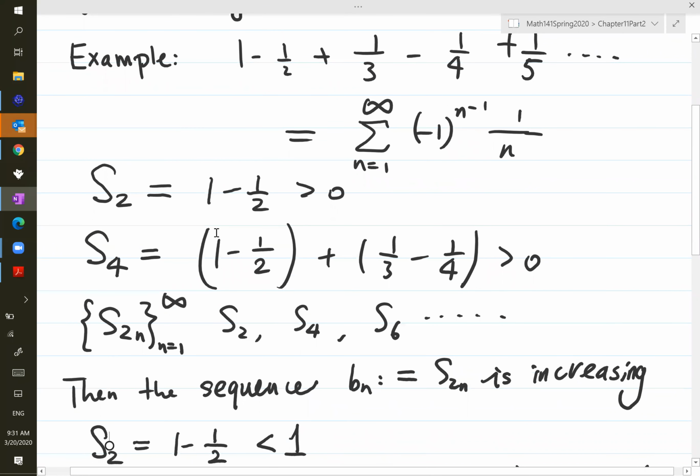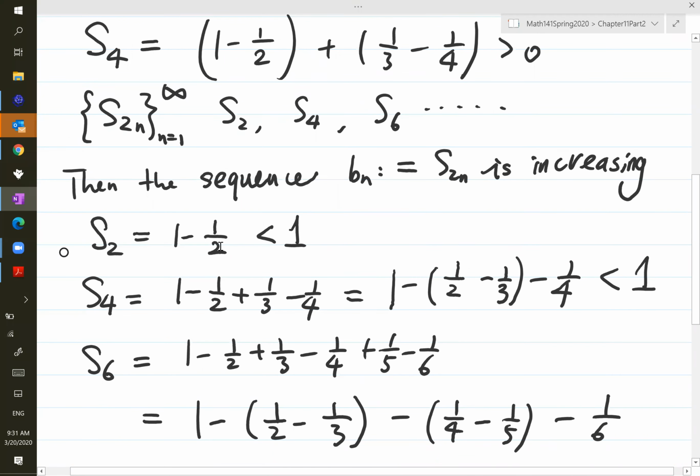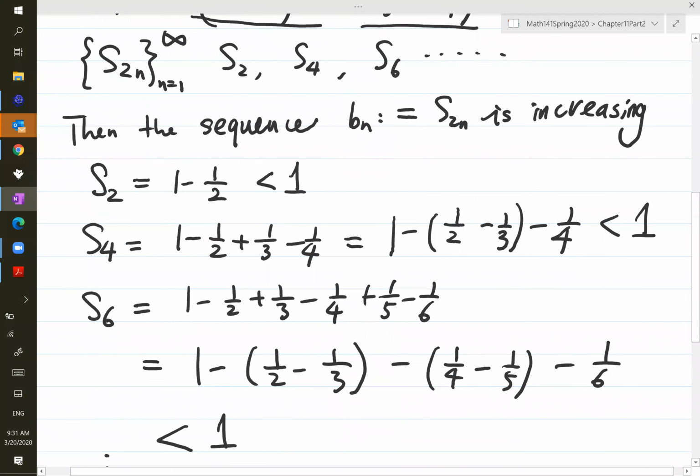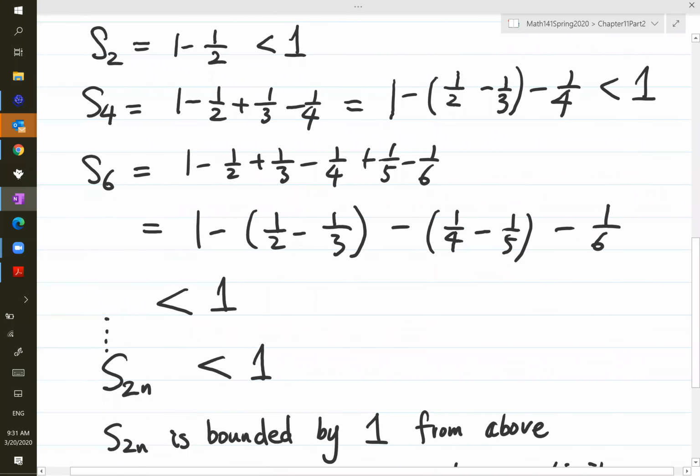What we did is we paired the terms such that every two terms is positive, because here we use the fact that it's decreasing. 1/3 is greater than a quarter, 1 is greater than half. So we pair them, so that it's increasing. The partial sum is increasing.